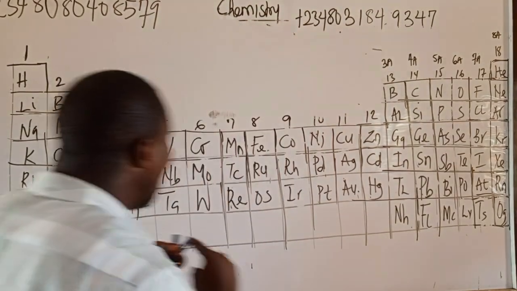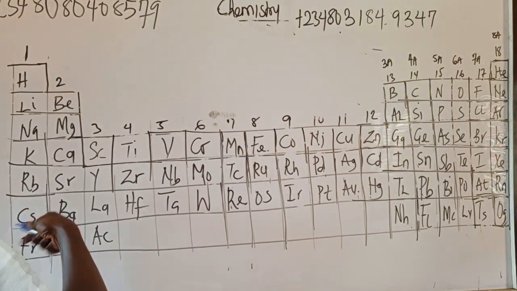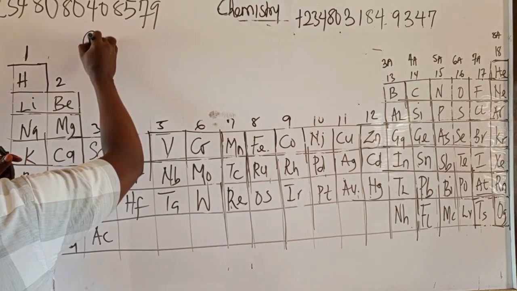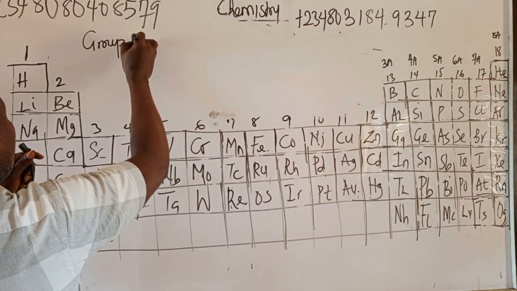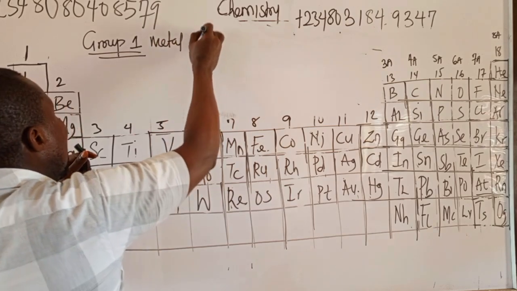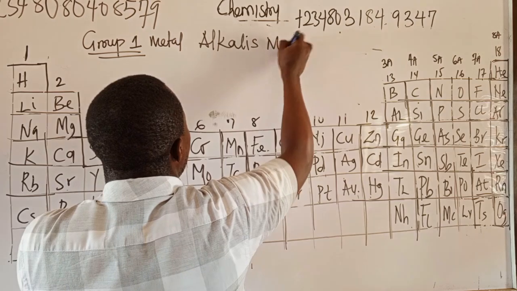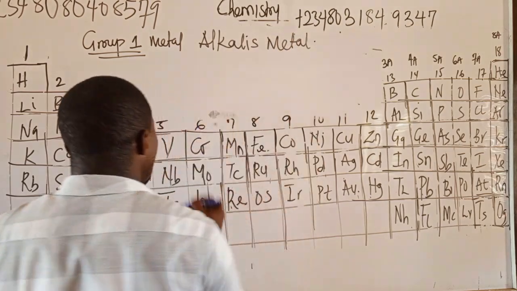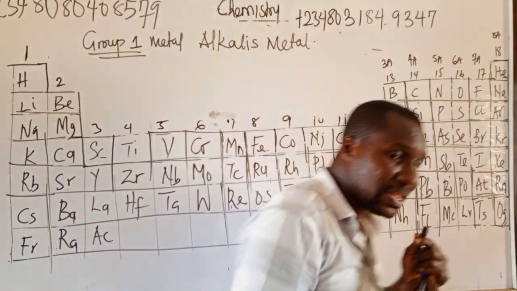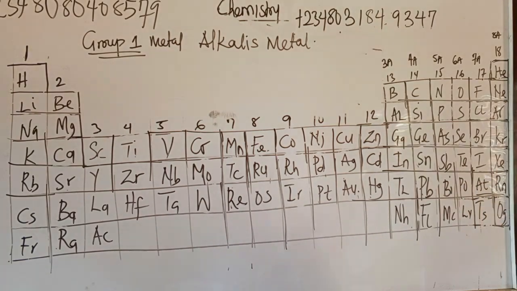I want you to know that group 1 metals are called alkali metals. Take note of that. Let me be giving you the points.